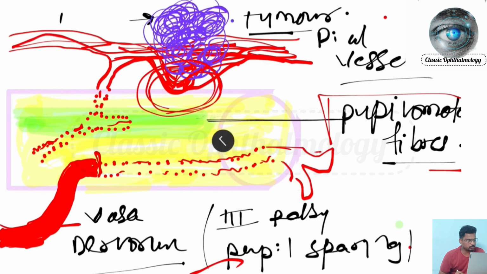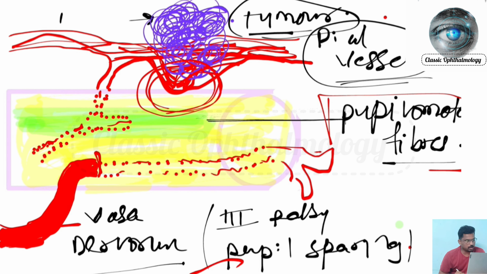Diabetes causes pupil sparing, and tumor or aneurysm causes pupil involving third nerve palsy. Okay, so this is important.